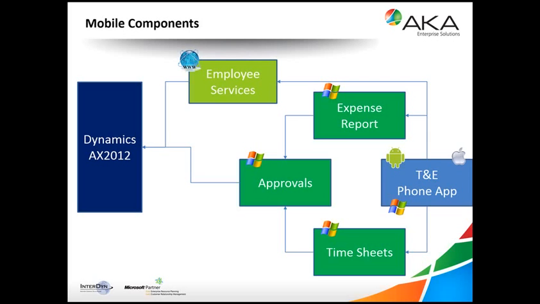The other option is, of course, if you capture the expenses, they can go directly into employee service, and then from employee service you can further work on combining these into an expense report, for example.